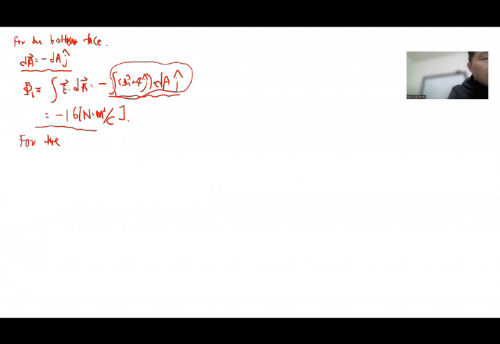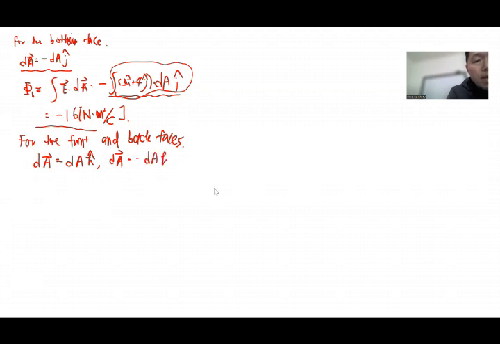For the front and back faces, the area vector element is given by dA k in the positive z-axis, and minus dA k in the negative direction.